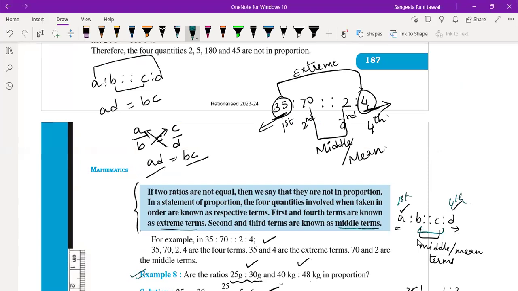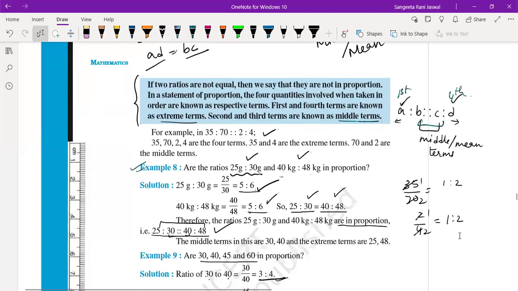25 is to 30 and 40 is to 48. Yes, ma'am, they are in proportion. 5:6. 5:6.